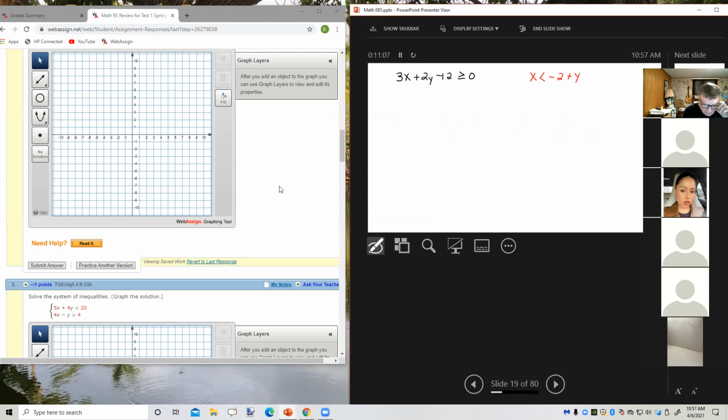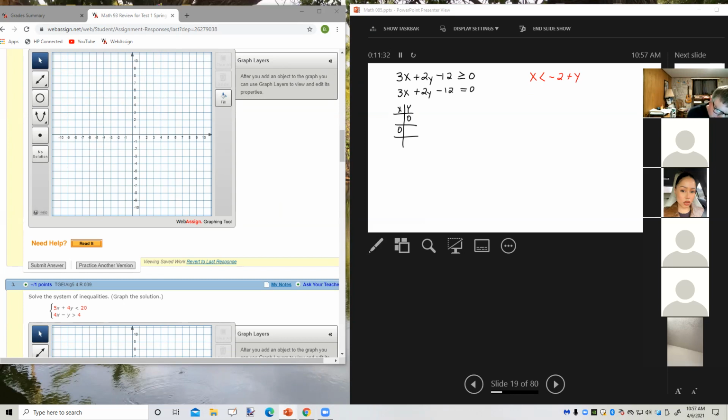So we're going to take the first inequality and we're going to look at its related equation, which is 3x plus 2y minus 12 equals 0. Okay. I'm going to go ahead and use the x and y intercepts.